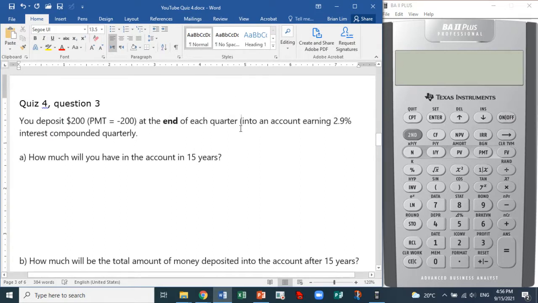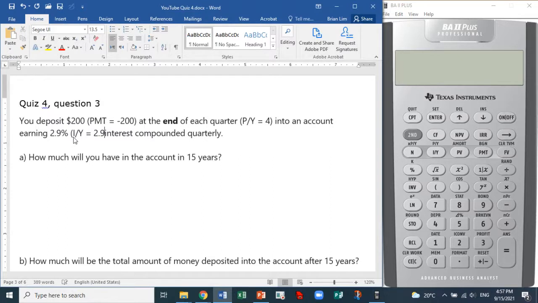So the PY, as I told you before, would be equal to 4. The account earns 2.9%, so that would be IY is equal to 2.9. And interest is compounded quarterly. So here we would have CY is equal to 4.